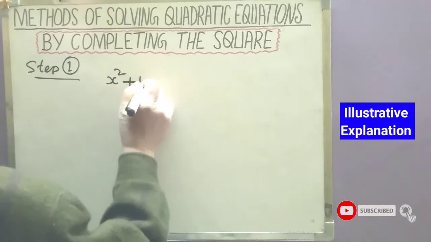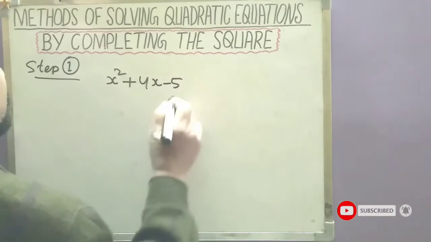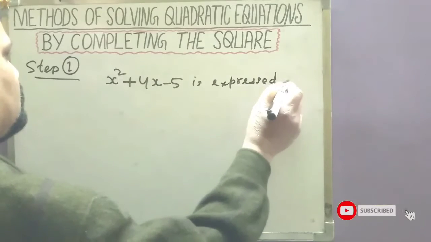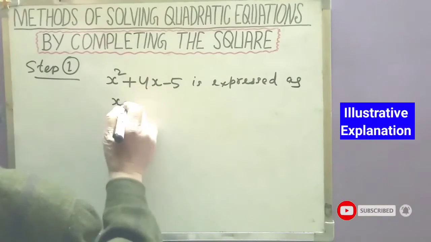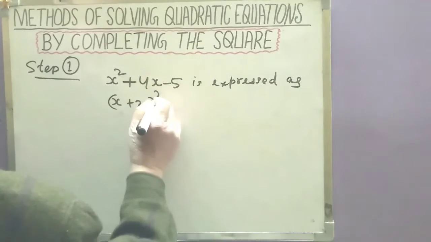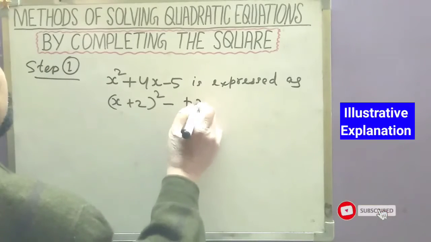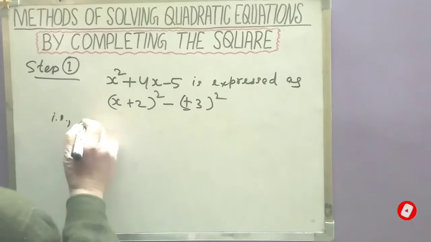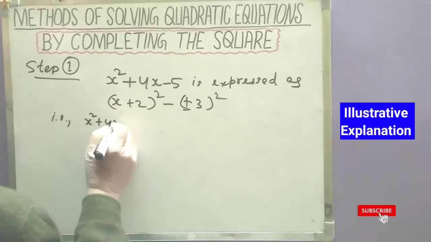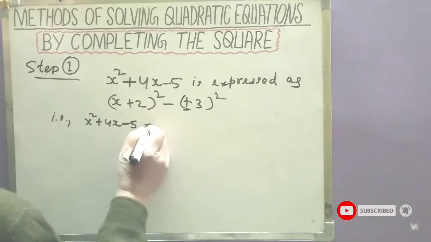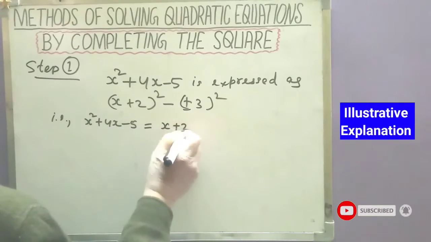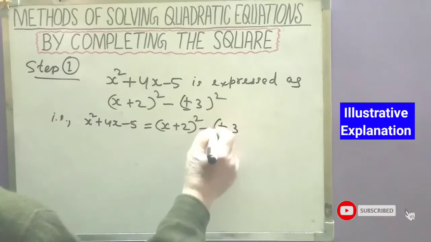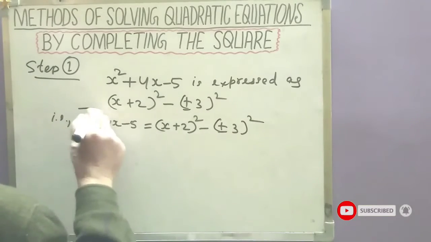For example, x square plus 4x minus 5 is expressed as whole square of x plus 2 minus whole square of plus minus 3. That is, x square plus 4x minus 5 equal to whole square of x plus 2 minus whole square of plus minus 3.